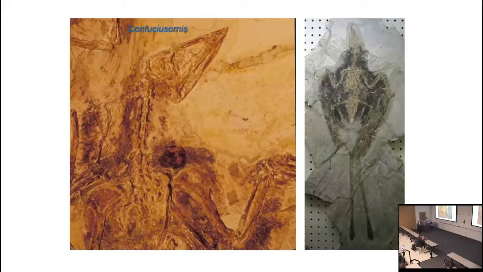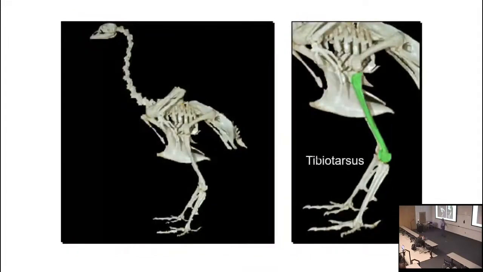Because we'll see all the branches between this and modern birds at least start off as being toothed. Some Confuciusornis specimens show these really long tail plumes, but not all of them do, so leading some people to think maybe it's sexual dimorphism, maybe the males have these display ones, which is entirely possible, but the problem is it's difficult to say when you don't find them if they were absent in the living animal or they were simply not preserved. And so here is a tibiotarsus in green in a modern bird.